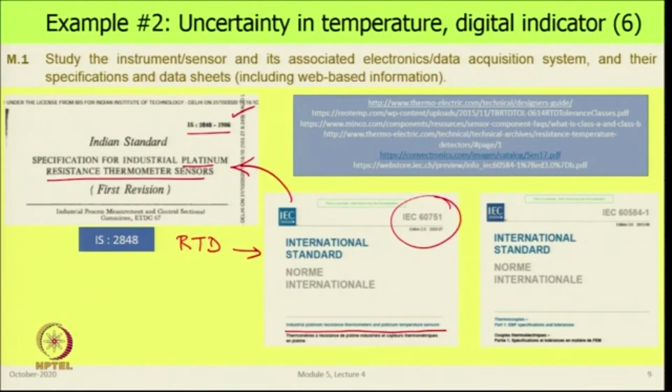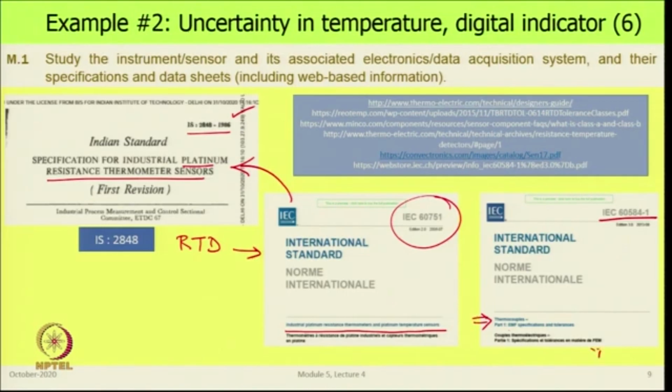Similarly, for thermocouples there is a standard IEC 60584 part 1, part 2, and as we saw, sensor manufacturers will say our sensor is class 1 as per IEC 60584, and we saw what that means in one of the earlier slides. The title is Thermocouples part 1, EMF specifications and tolerances.